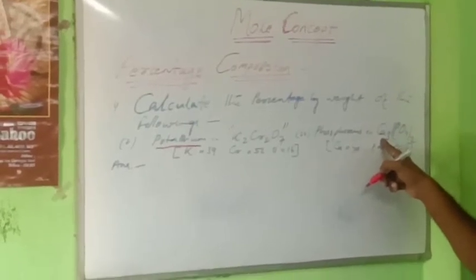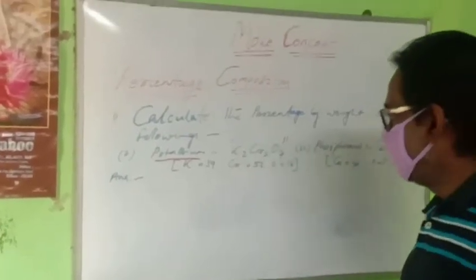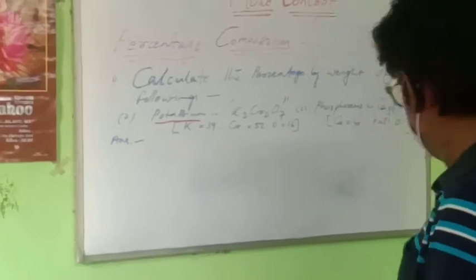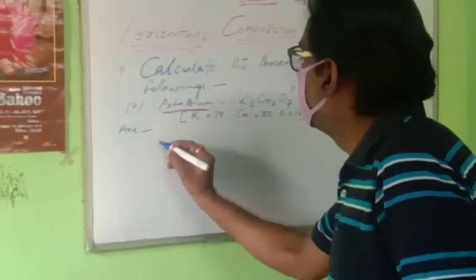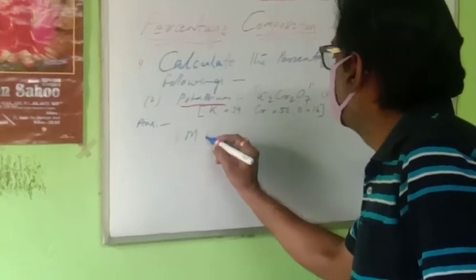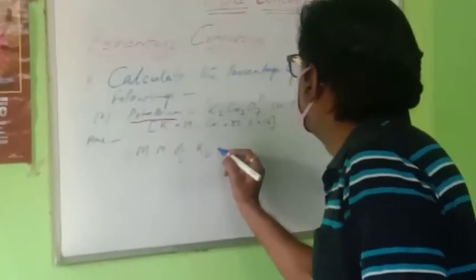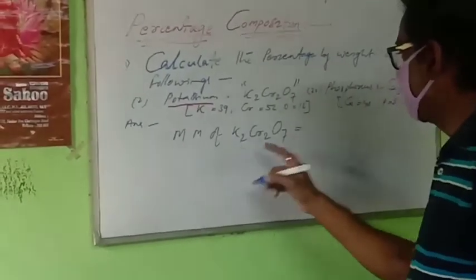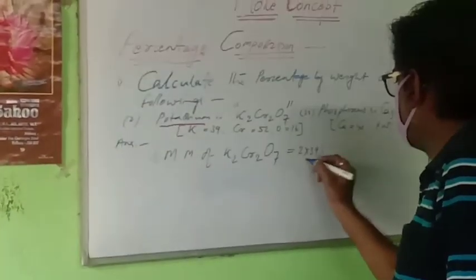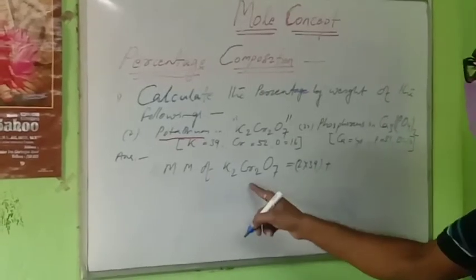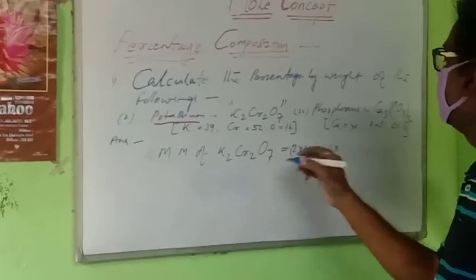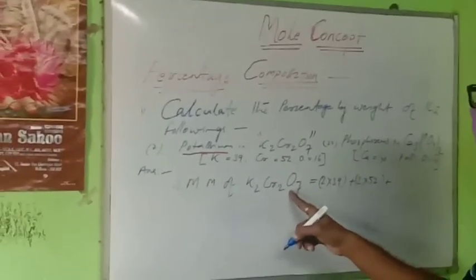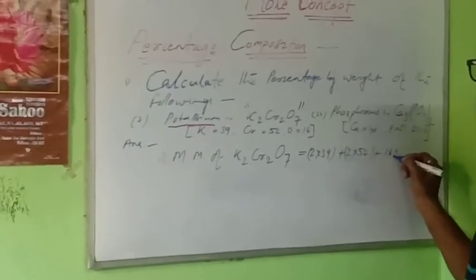First of all, you have to find out the molecular mass of potassium dichromate, K2Cr2O7. How many potassium atoms are there? 2 potassium, that is 2 into 39, plus chromium 2 into 52, plus oxygen 7 atoms, 16 into 7.